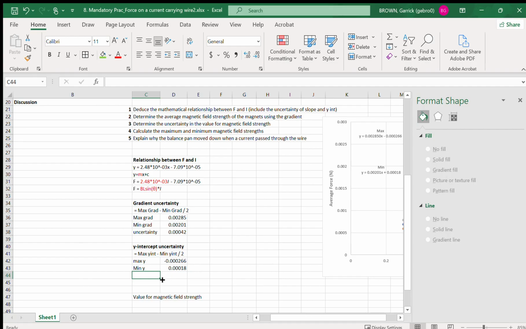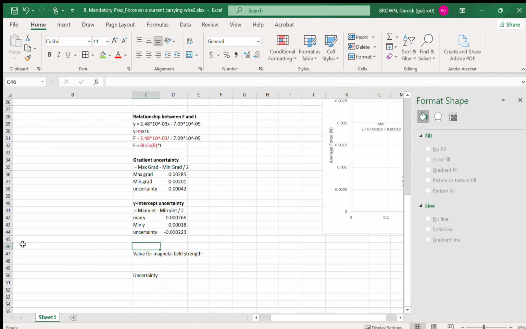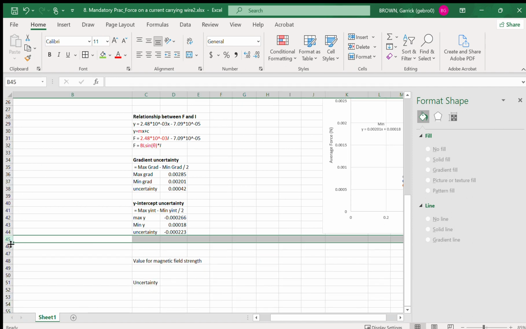So just for the sake of this, because our uncertainty will be plus or minus, our uncertainty is equal to a max minus a min divided by 2. Yep, all good. Okay, now we can write the full equation.